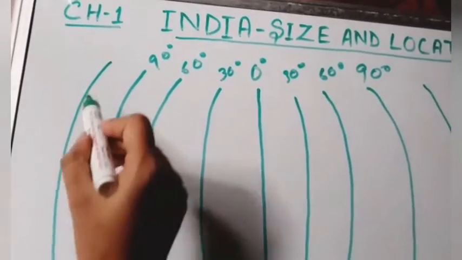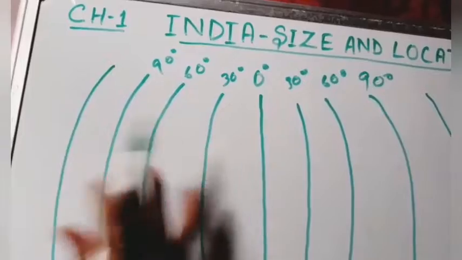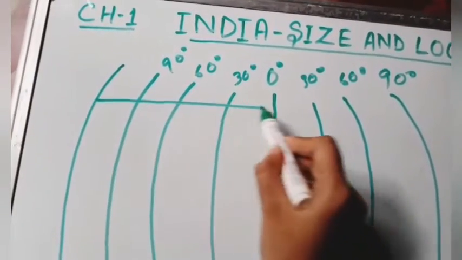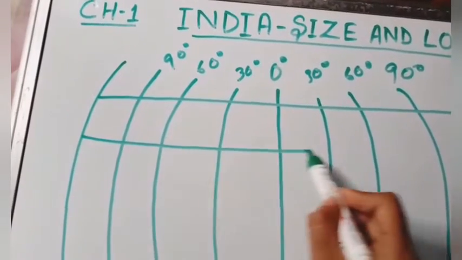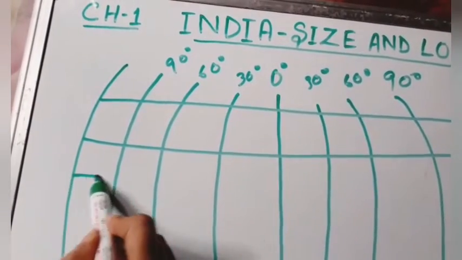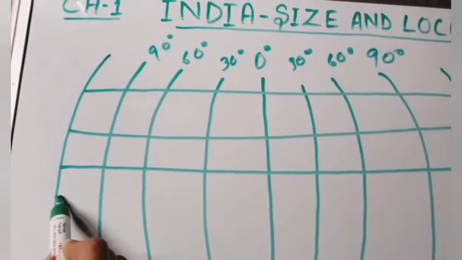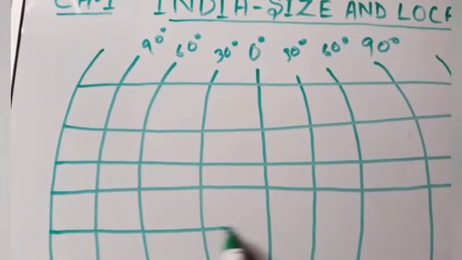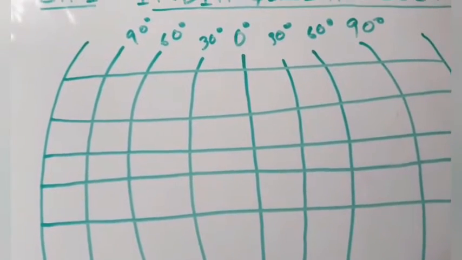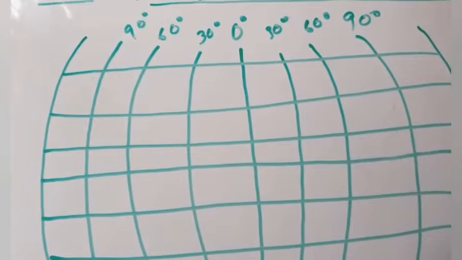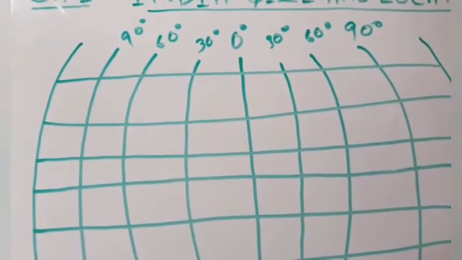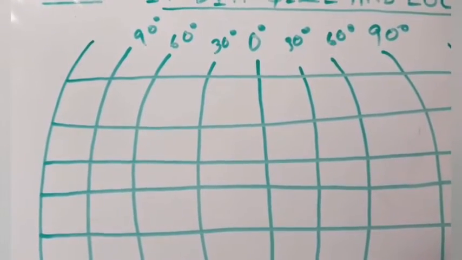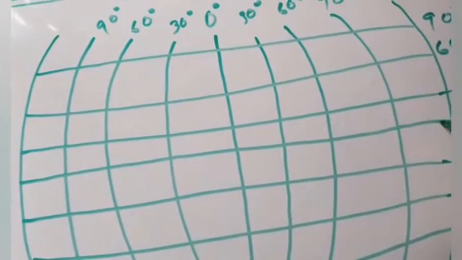Now I have explained that these are longitudes, and these are latitudes, which are the horizontal lines. Horizontal lines are latitudes. In a similar way again 30, 60, 90 are given, and this is the equator.